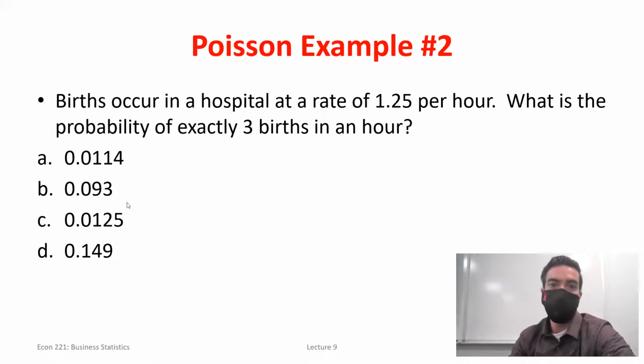Now, I probably can't rule any of these out, just looking at these. Here's kind of a tough one. Is there any value you could bound this probability at? Like, it probably has to be less than a certain value. Well, if I think about the mean as 1.25, what would be the most likely outcomes for me to see? 1 and 2, right?